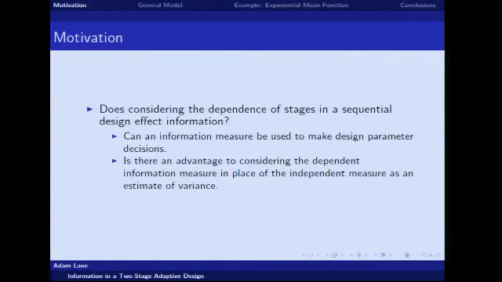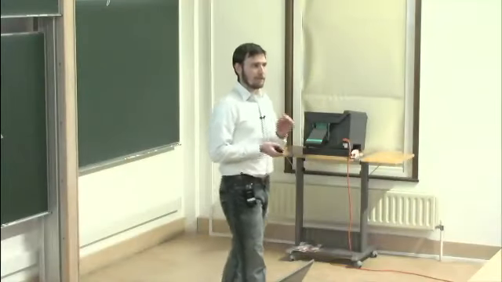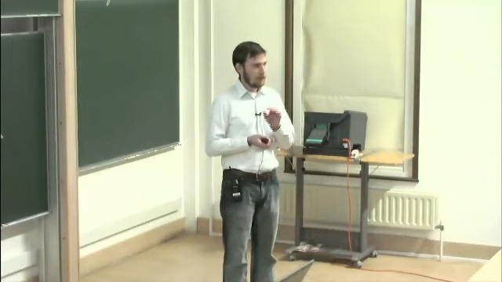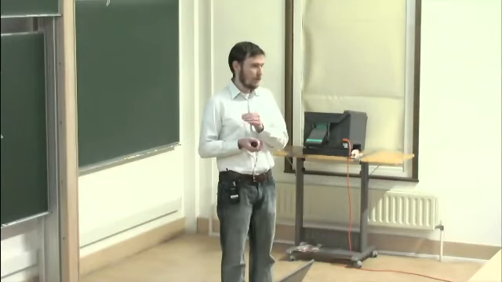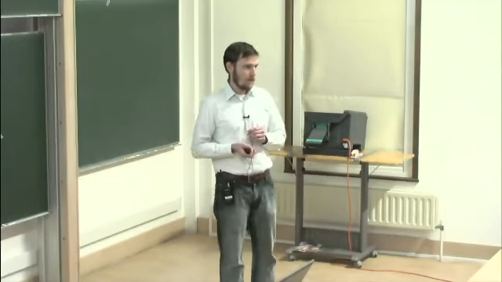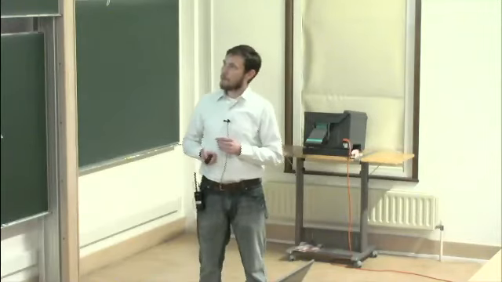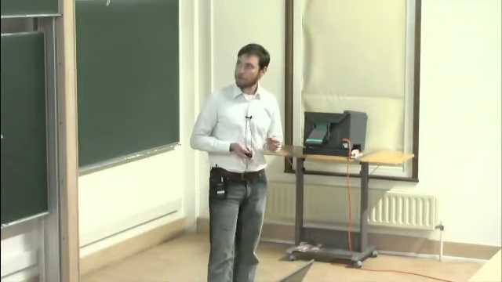So if you have two dependent stages, and you find the information accounting for dependence, do you really see a big benefit practically over if you just took the assumption of independence and used that information measure? Okay? And so we're going to look at that from two different perspectives.